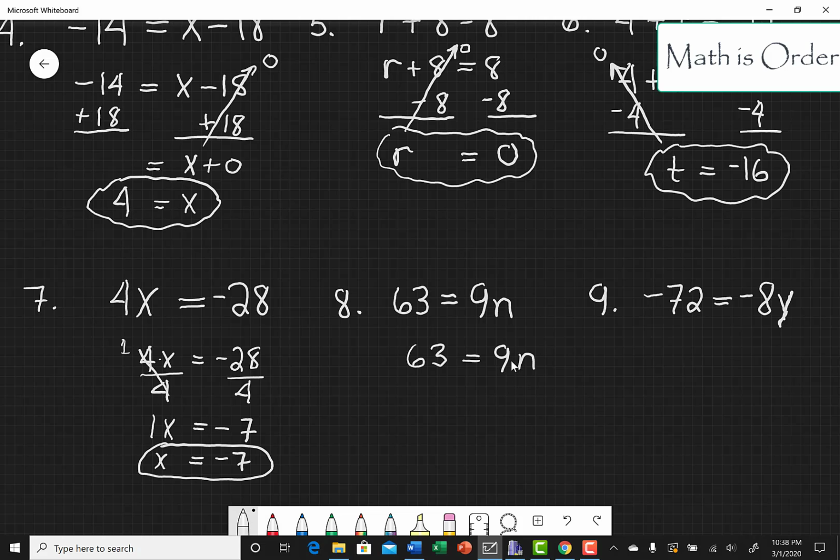Well, what is 9 doing to n? It's multiplying it. So the opposite of multiplication is division. So all we're going to do is divide both sides by 9. 9 divided by 9 is 1. 1 times n is just n. On the left-hand side, we get 7.